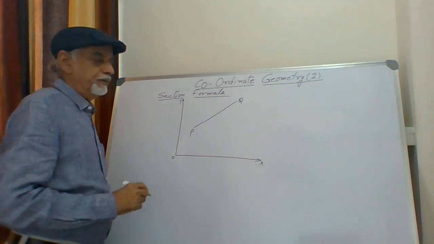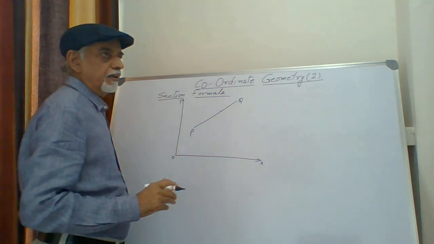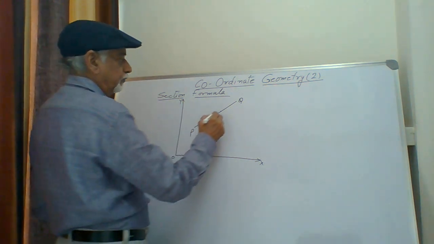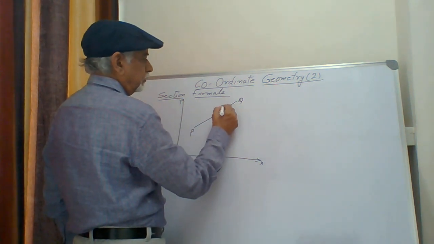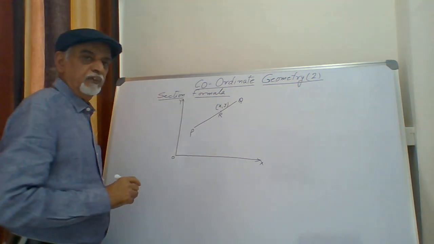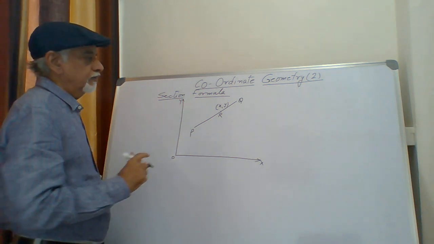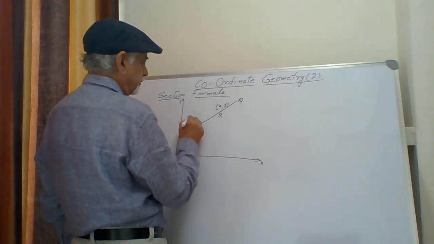These points P and Q are divided by another point R whose coordinates are x and y, unknown, and we have to find the values of these x and y.